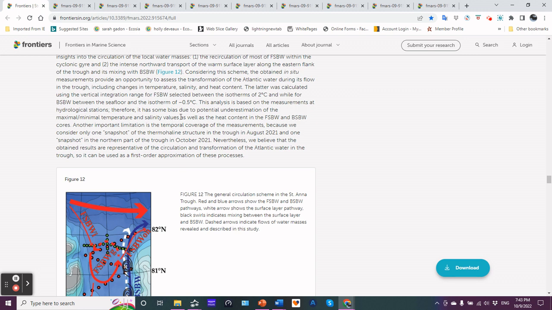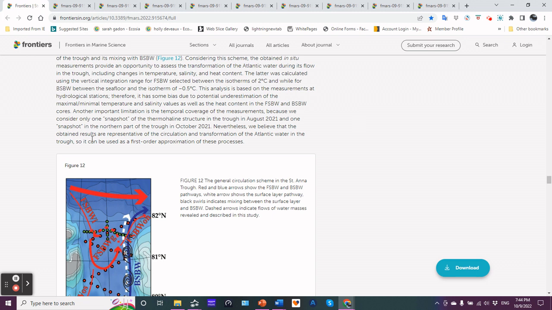Now, they admit it might have some bias due to potential underestimation of the maximum temperature and salinity values, as well as the heat content. But hey, you can only do so much, right? But they're at least admitting it, and they know where they need to tighten things up for future studies. And of course, like anything else, when you do your transect, you do your CTD cast, it's really just a snapshot in time.